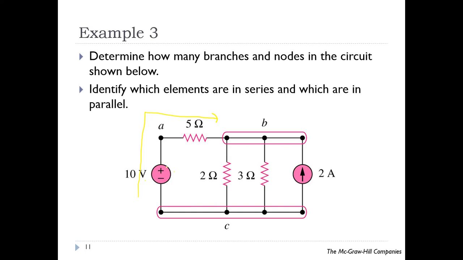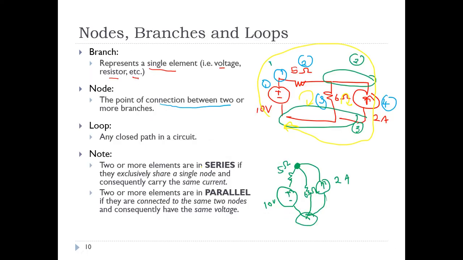For the case of the parallel connected circuit, two or more elements are in parallel if they are connected to the same two nodes and consequently have the same voltage.